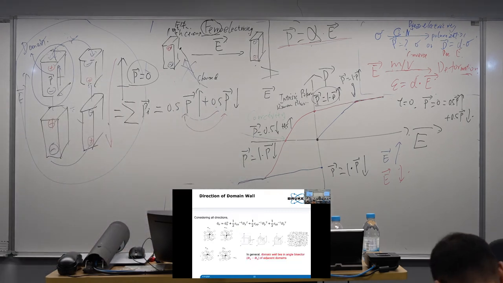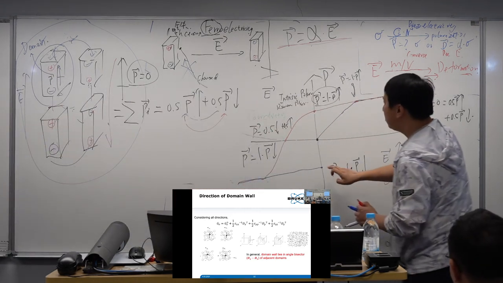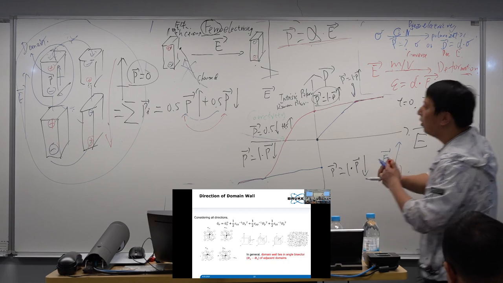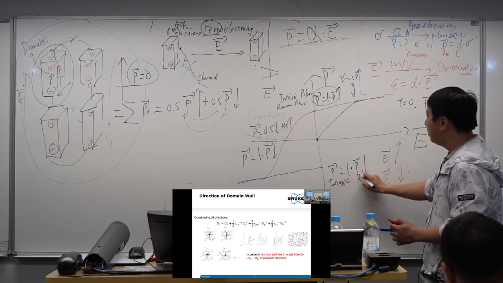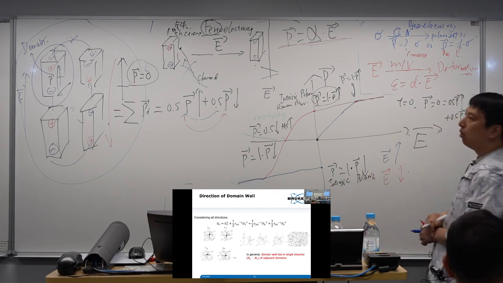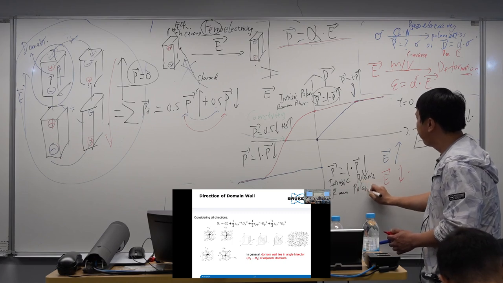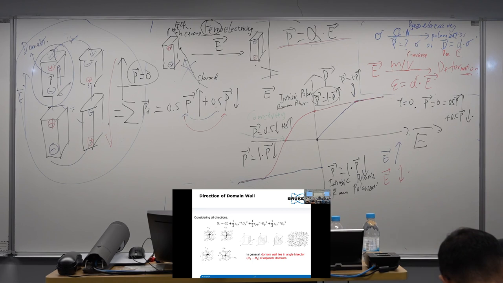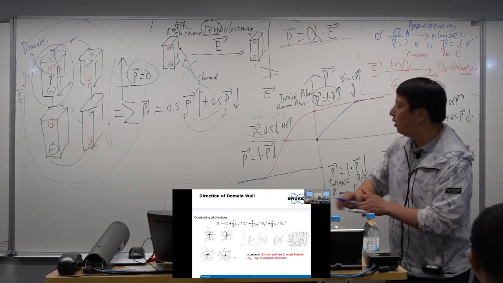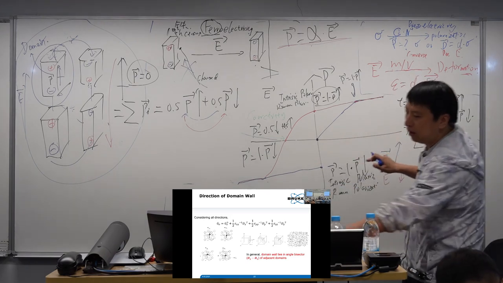The titanium is up or titanium is below. Okay, so this one we also call intrinsic polarization, or we also call it remnant polarization. In Chinese, it's 固有极化强度或者饱和极化强度.